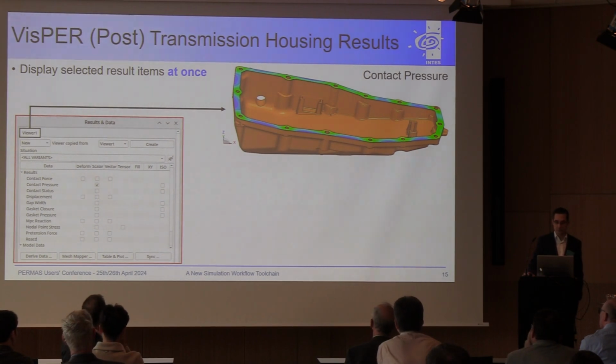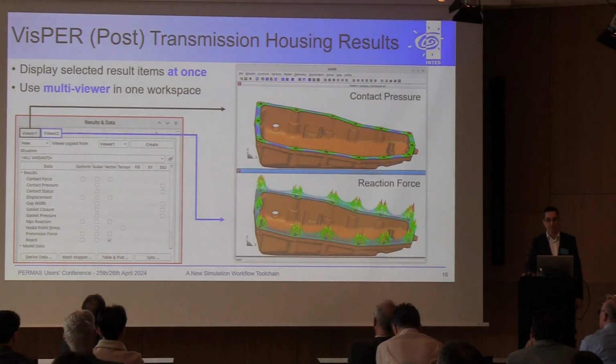You do not have to click anymore. And now it's possible to simultaneously visualize another result type. Here we have a scalar result, but if you want to show some forces, like reaction forces, in the same view, you can do it by just checking the box of the result item.